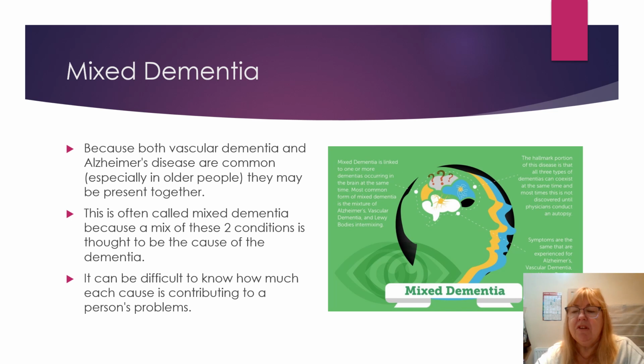And if those two conditions happen to be there together, they will call it mixed dementia. It can be difficult sometimes to know which cause is the worst, if you know what I mean. To be honest, until they do an autopsy on someone, they never really know. And the last thing you want to do is cut someone's head open for that reason.